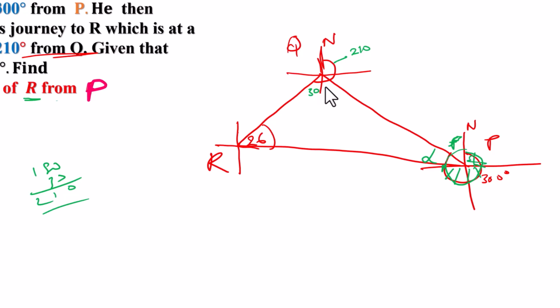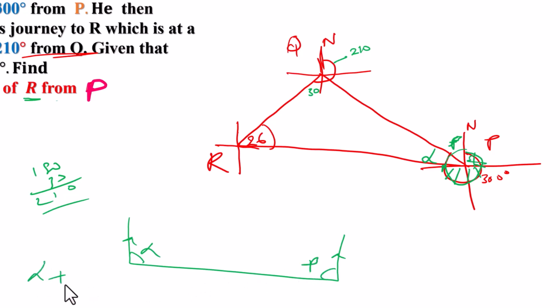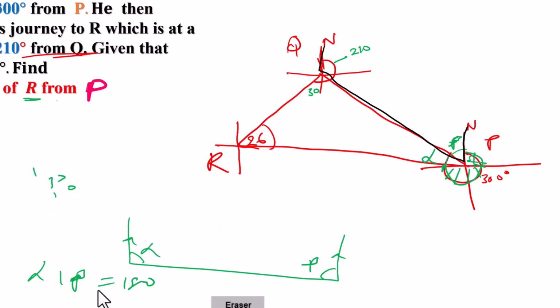What about this side? Let's observe this. When two lines are parallel like this, alpha plus beta will give us 180 degrees. Can we spot it here? Yes. Let me change the color. We have the same thing here.